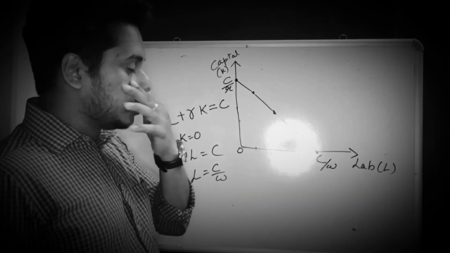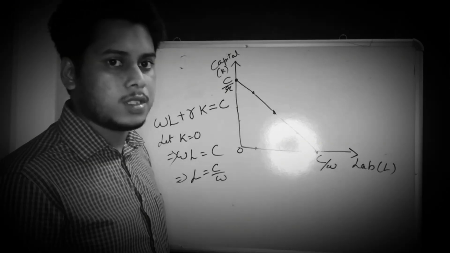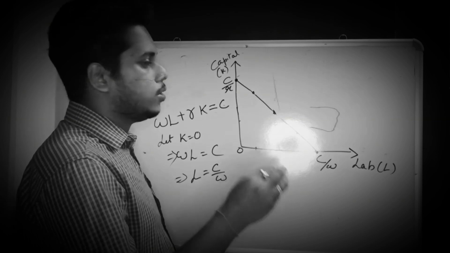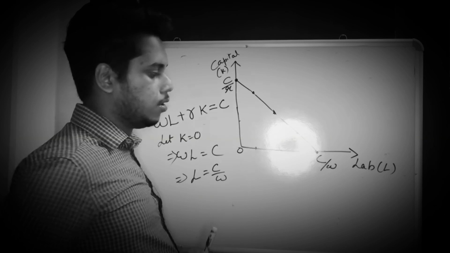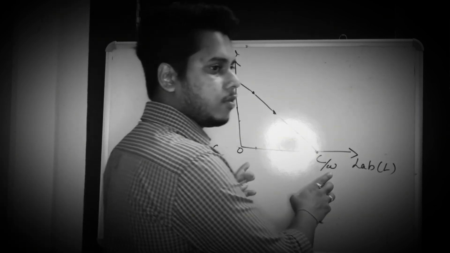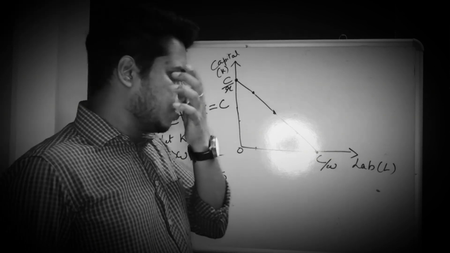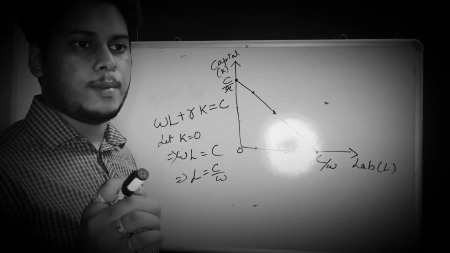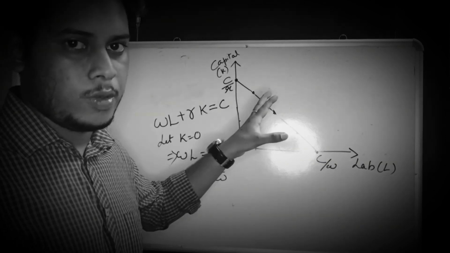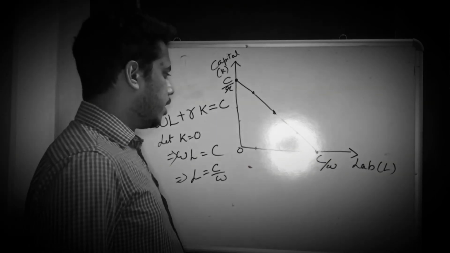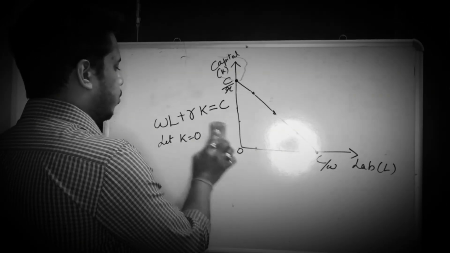Okay, so if the entire money is used in using capital, then this is the maximum amount of capital that he can use in his production, and this is the maximum amount of labor that he can use in his production. So intercept determines the maximum limit of any two inputs in this curve. Okay, and now we shall discuss about the slope of the curve.